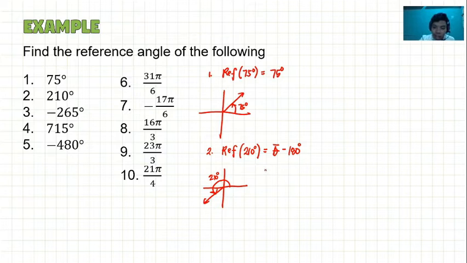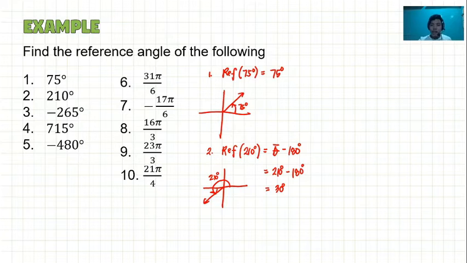So from that, since this 210 degrees is already between 0 to 360 degrees, yung coterminal niya between 0 to 360 is itself. Therefore, this one will be still 210 degrees, then minus 180 degrees. So this is now equal to 30 degrees. So the reference angle of 210 degrees is 30 degrees.